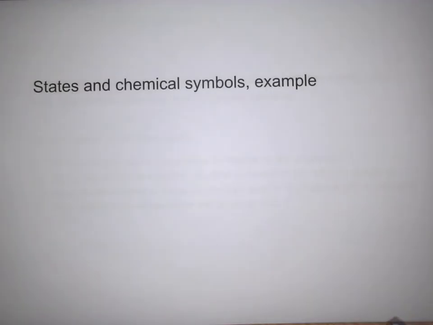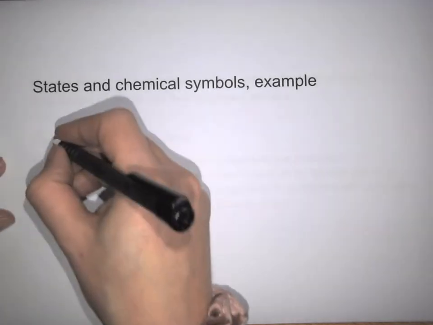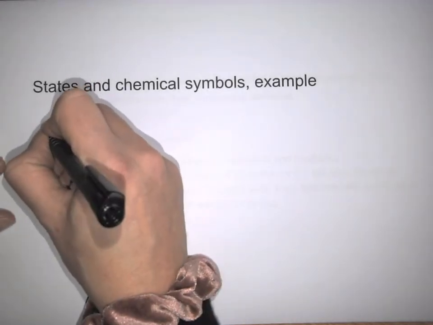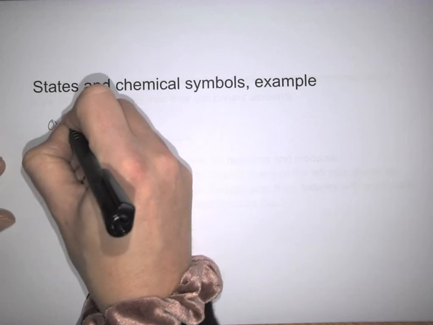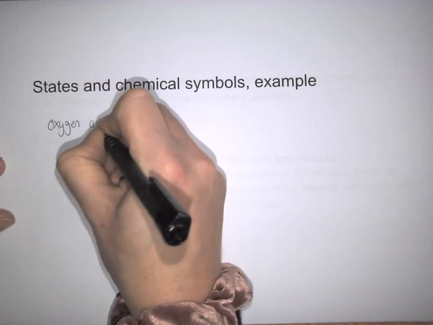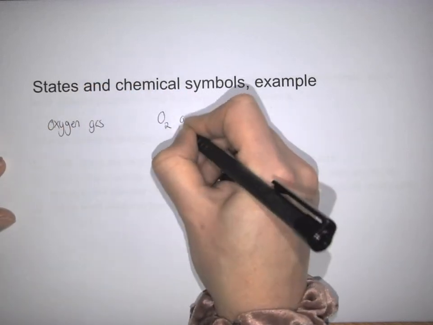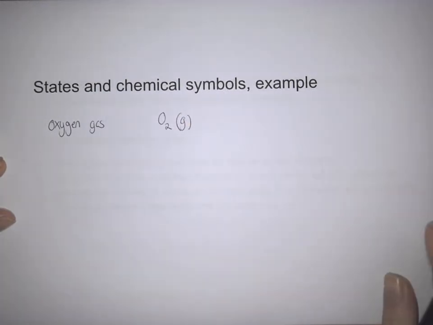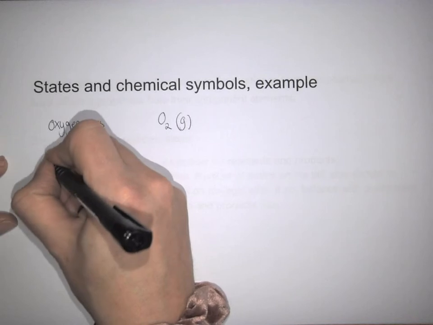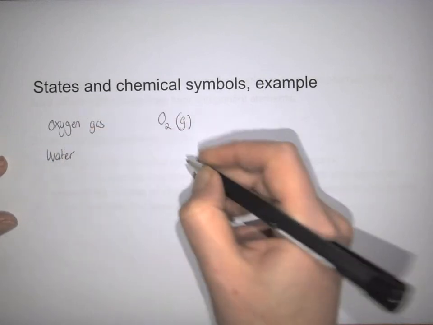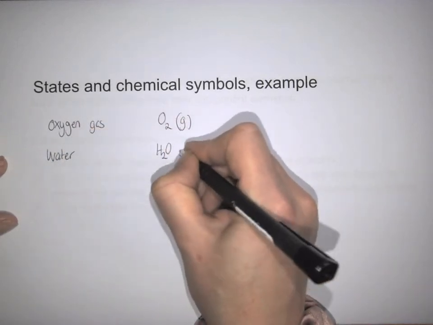Once again, the state symbols are really important to know. For example, if we have oxygen gas, that is O2 in gaseous state, you will write it like this. If we have liquid water, that's H2O in the liquid state.